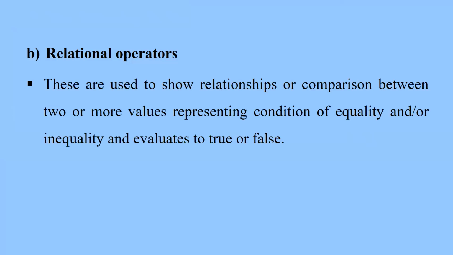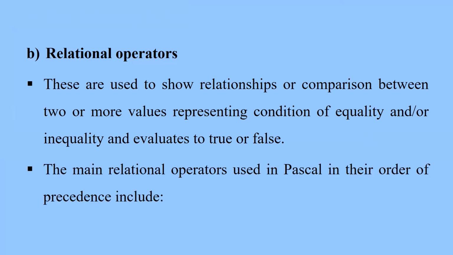The arithmetic operators are then followed closely by relational operators. These are used to show relationships or a comparison between two or more values representing condition of equality and or inequality and evaluate true or false.